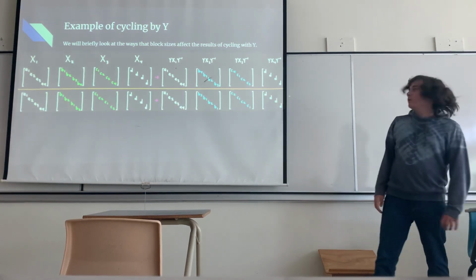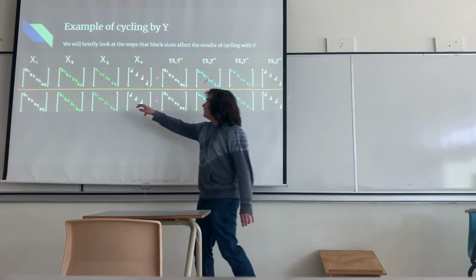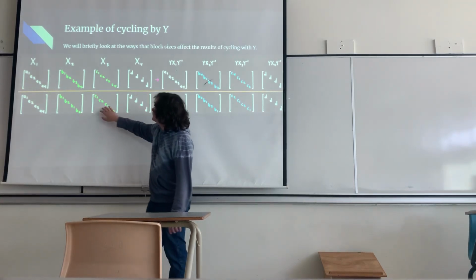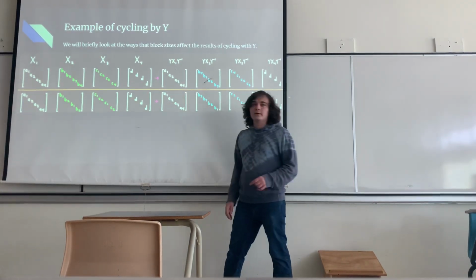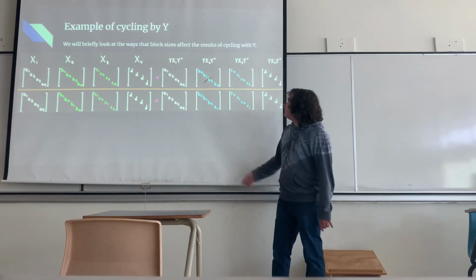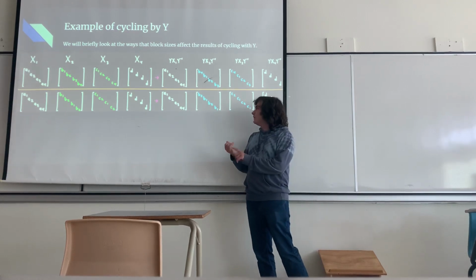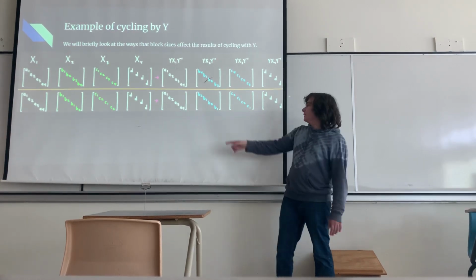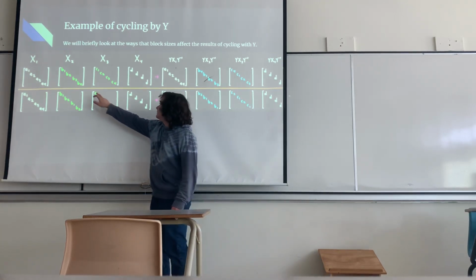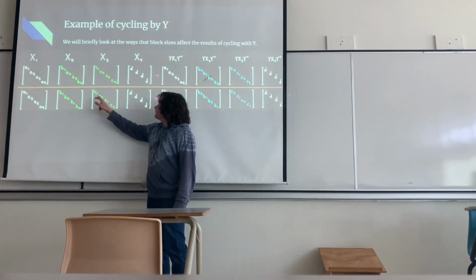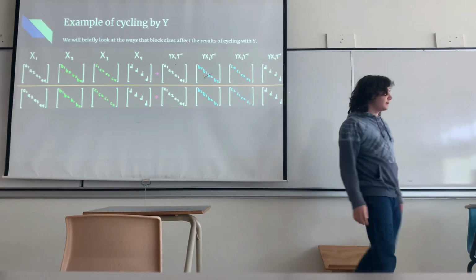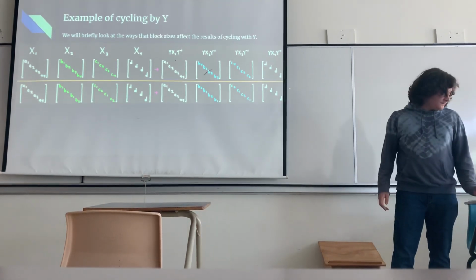And if there are blocks in X2 and X3, so it's like B1, B2, and then just B1 and B2 again, and same thing here, then we're only going to get 2 options from this cycling, because we can either start on the first entry or start on the second. Starting on the third and fourth is going to be the same thing, because as we see here, the first and third are equal, and the second and fourth are equal. So you're only going to get 2 options from cycling something that has 2 blocks.